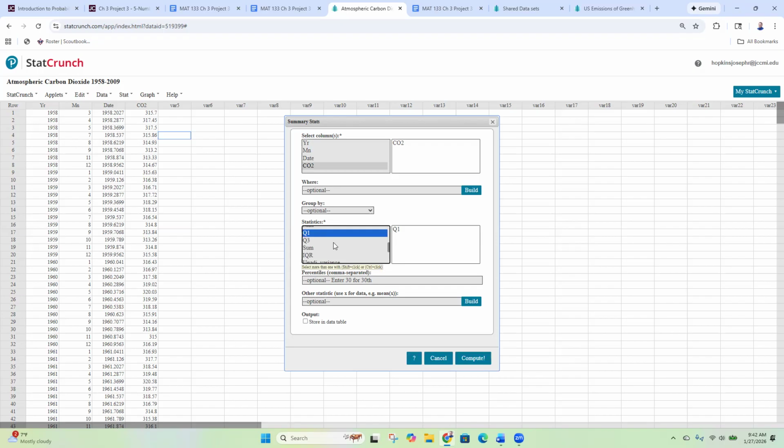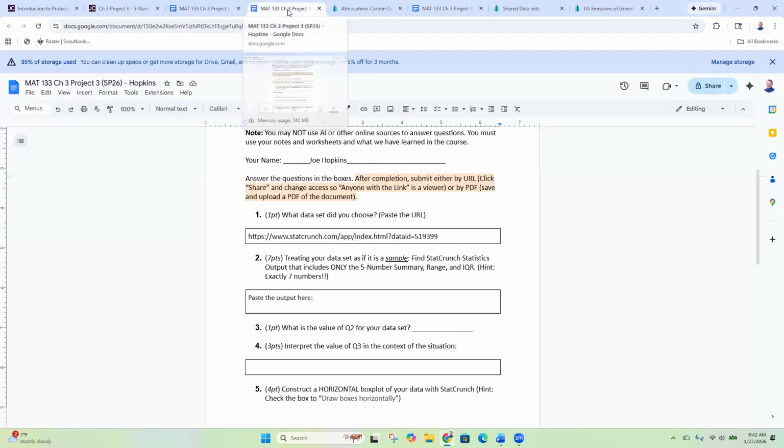So not the mean, the mean is not in it. We do want the range, but the range is not part of the 5-number summary. So there are 7 numbers we're going to get: the 5-number summary, the range, which is not part of that, and the interquartile range. The 5-number summary is 5 of them, the range is one more, and the interquartile range is one more.